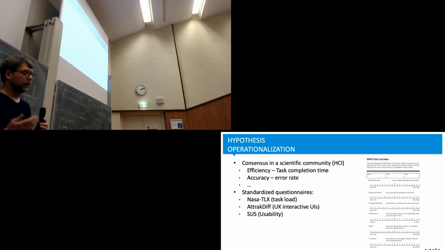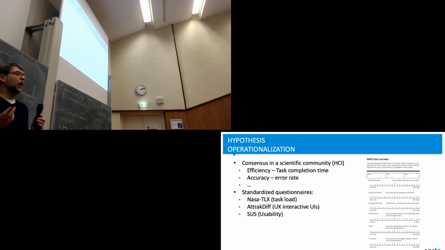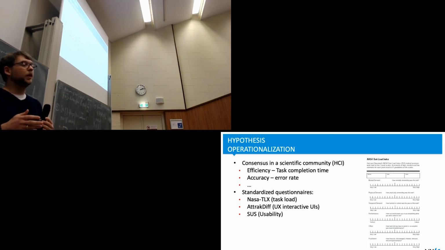And then there are standardized questionnaires, and they help you, for example, assess the task load or the intuitivity of a user interface, or how usable an interface as such is. And again, if you use standardized questionnaires, you're a bit limited in the questions you are asking, but on the other hand, you get comparable results, showing not only how your product is, but which can also be compared to other studies not conducted by you.